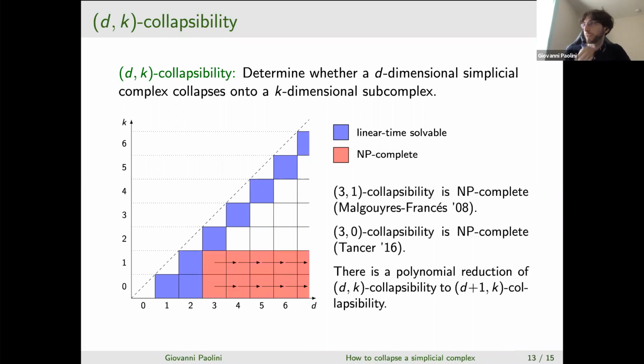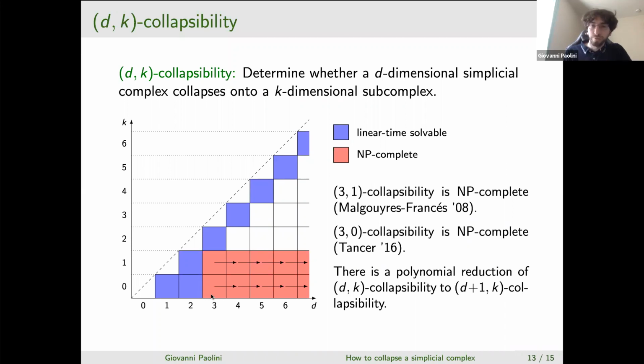And we have the two results I talked about in the previous slide. Going from 3 to 0 and from 3 to 1 dimensional complexes is NP-complete. This would be these two boxes over here.